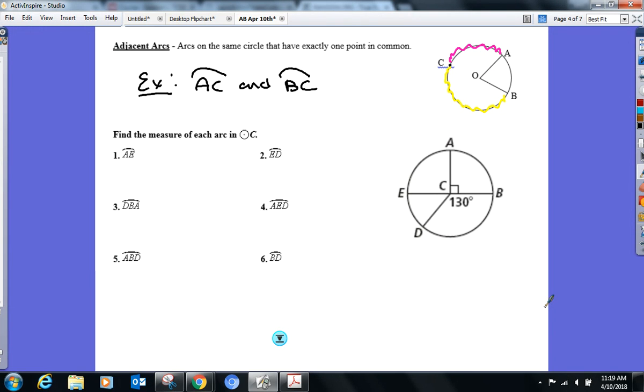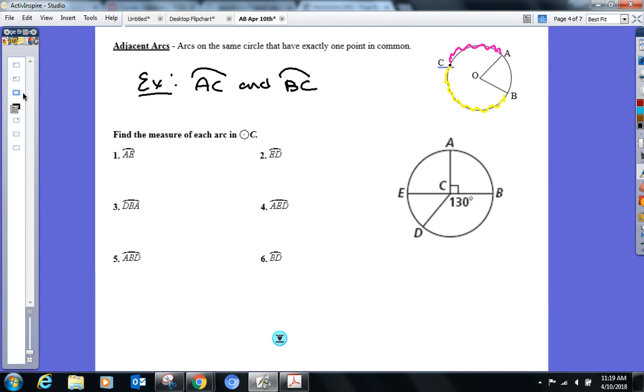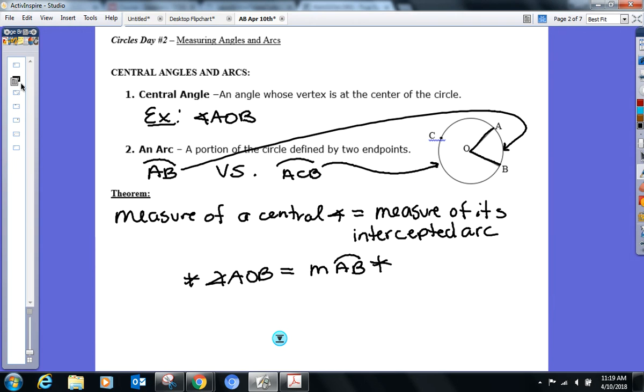All right. So here you go. What's the measure of arc AE? How many degrees are in arc AE? No idea. But if we go back to your theorem, what did our theorem say? The arc is always equal to the central angle.